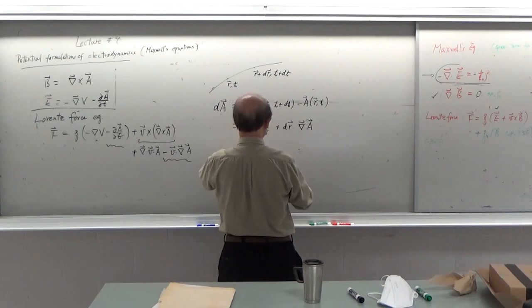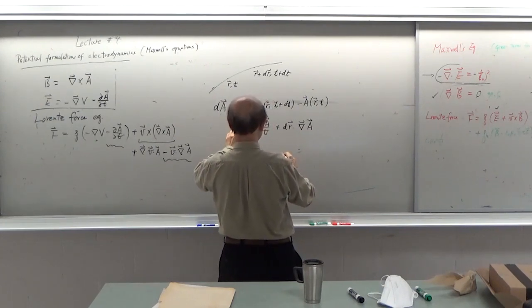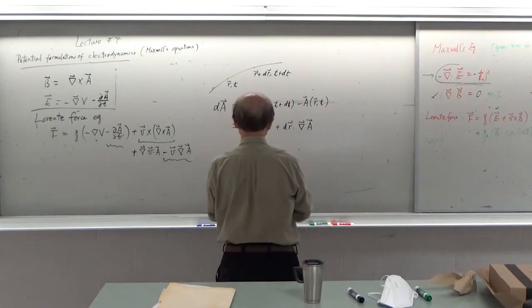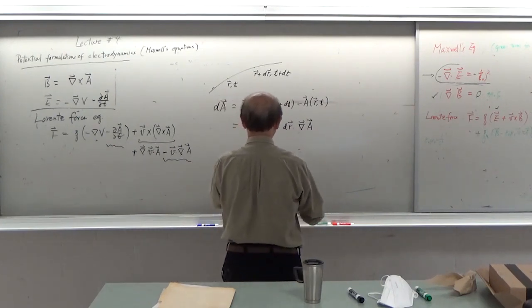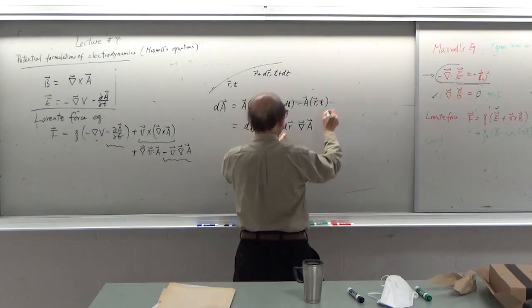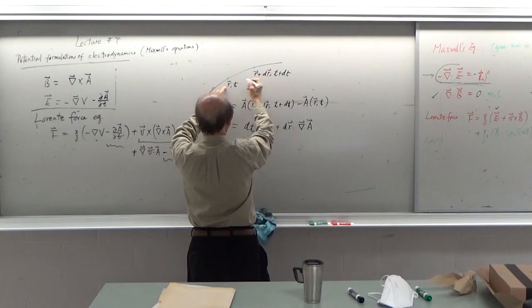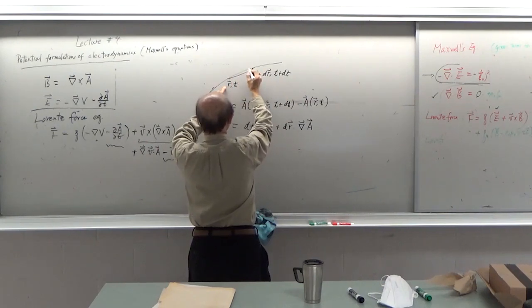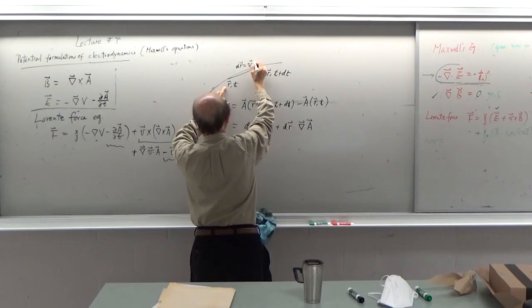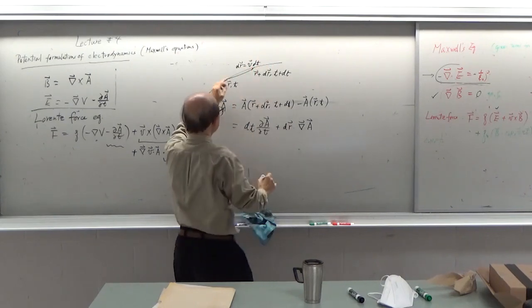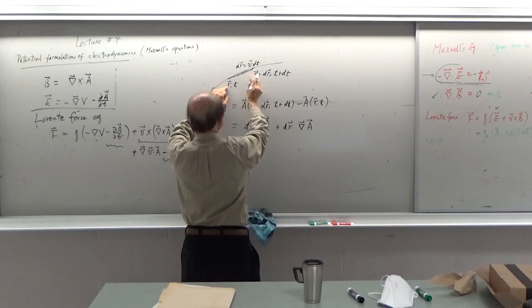But dr is nothing but v times dt, the instantaneous velocity times dt.